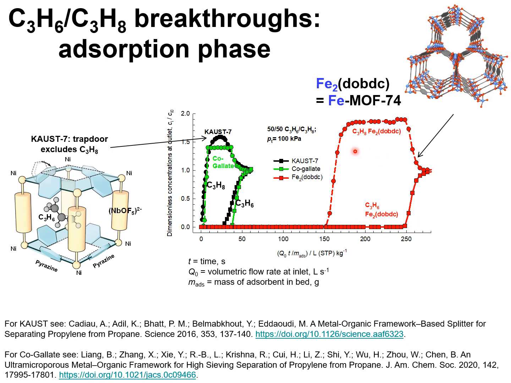So this significant uptake of propane within the pores has important consequences on the purities of the propylene product in the desorption cycle, as we shall see in the subsequent slides.